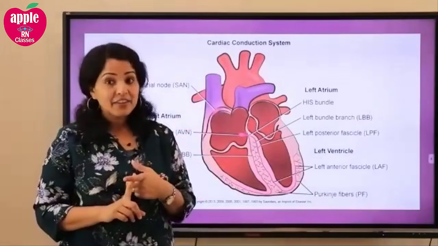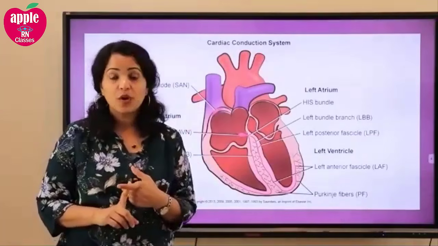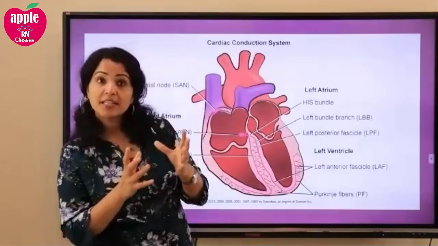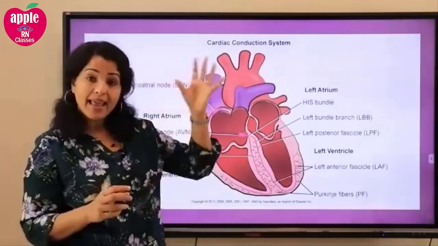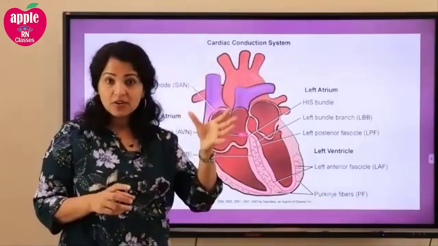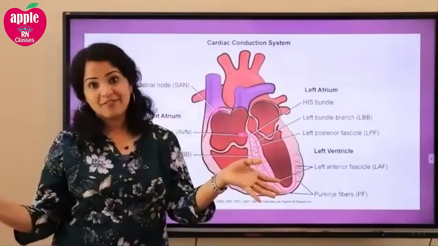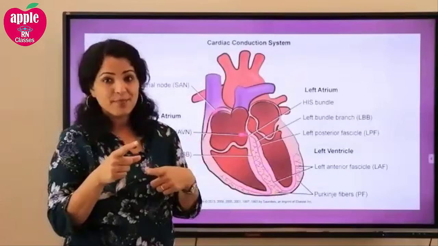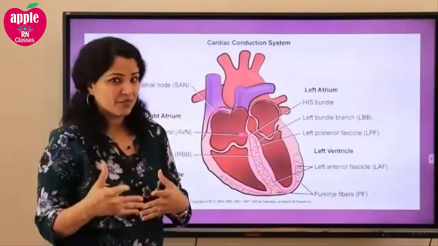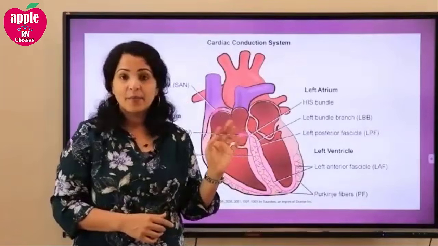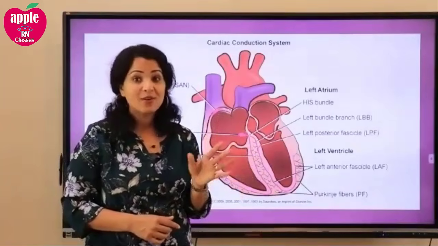The conduction pathway is what transfers the impulses from the SA node to the AV node, to the bundle of His, to the two bundle branches and the Purkinje fibers. Those words might be a little confusing, so we're going to go through them. There is a picture, and I think all of you know about the SA node.